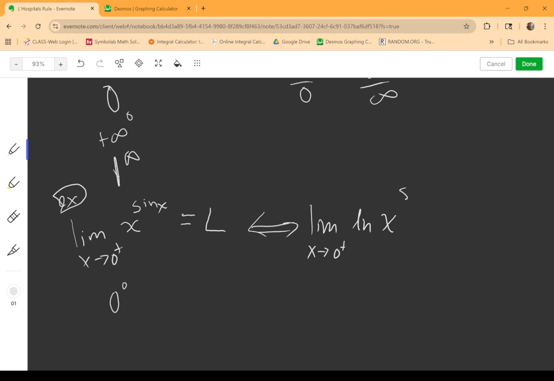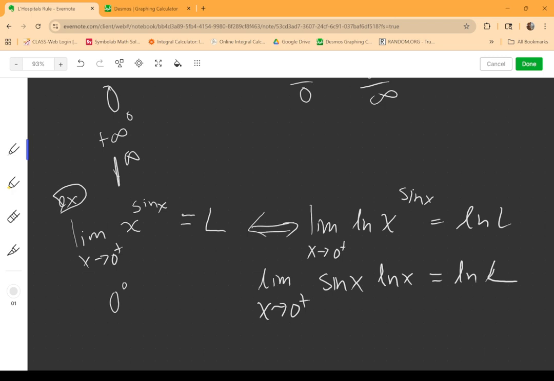Ln of x to the sine of x equals ln of L, and L is going to be the value of this limit. From here we just start applying properties of logarithms, bringing the exponent down here as a coefficient.